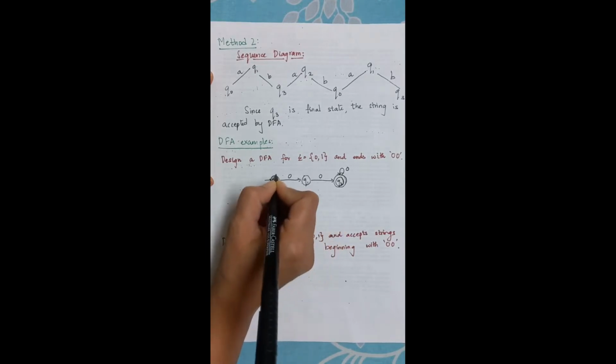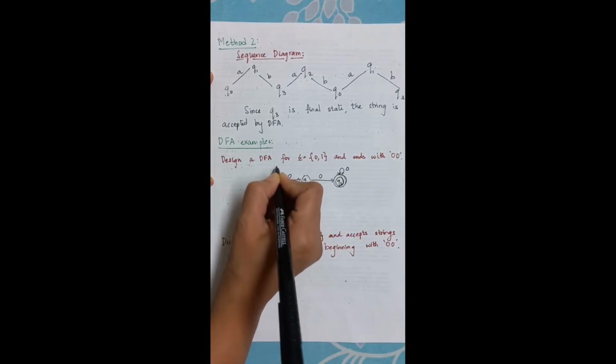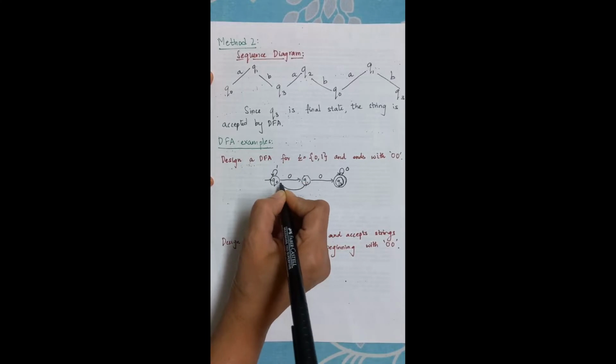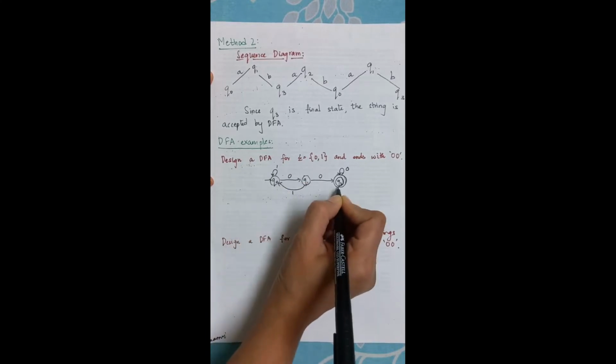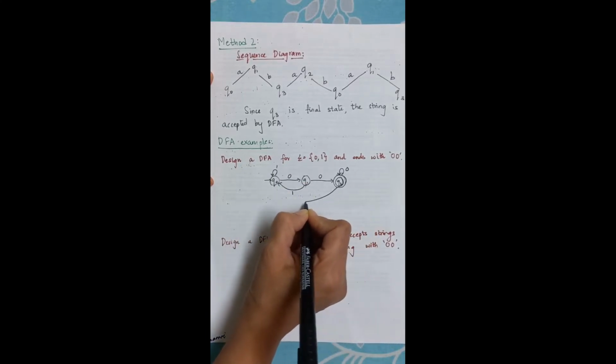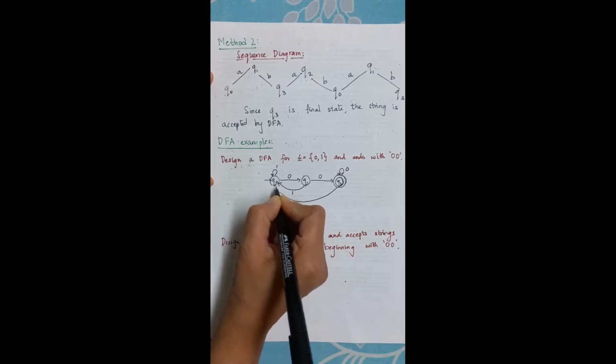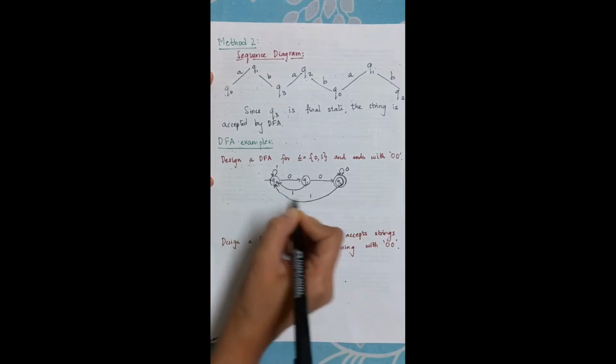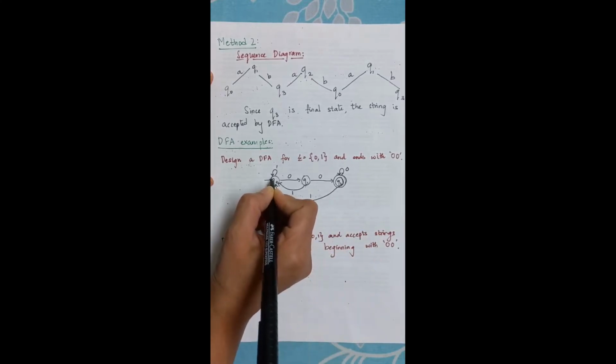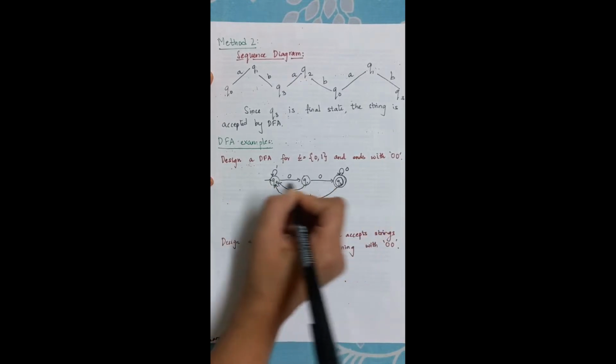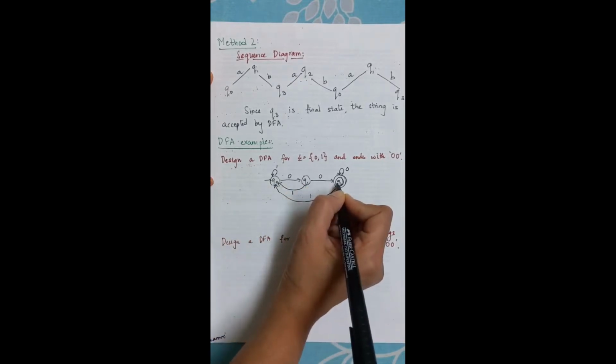If there is any 1, I should make it come back to the start state. Why do I do that? Because if there is any 1, it comes to the start position, and then finally if the string has only zeros, it is accepted by the DFA.